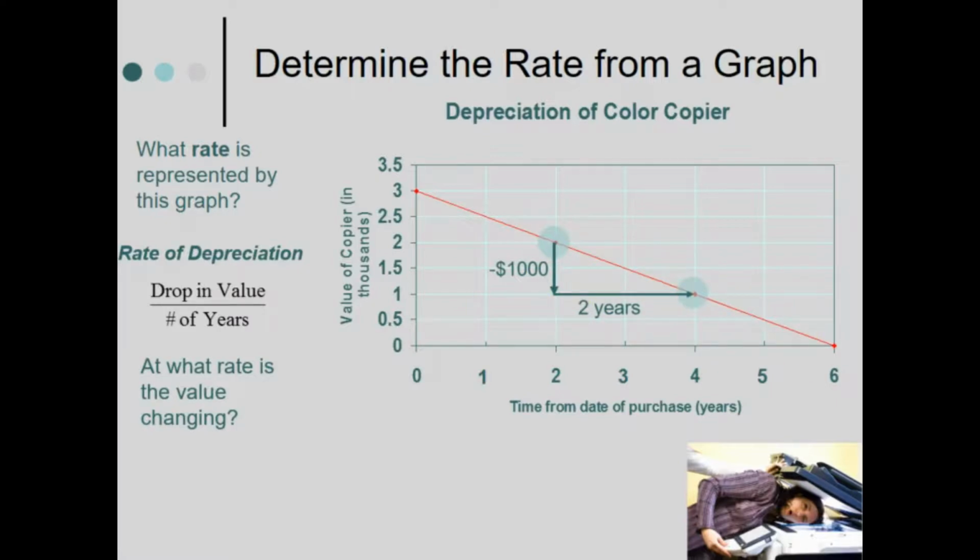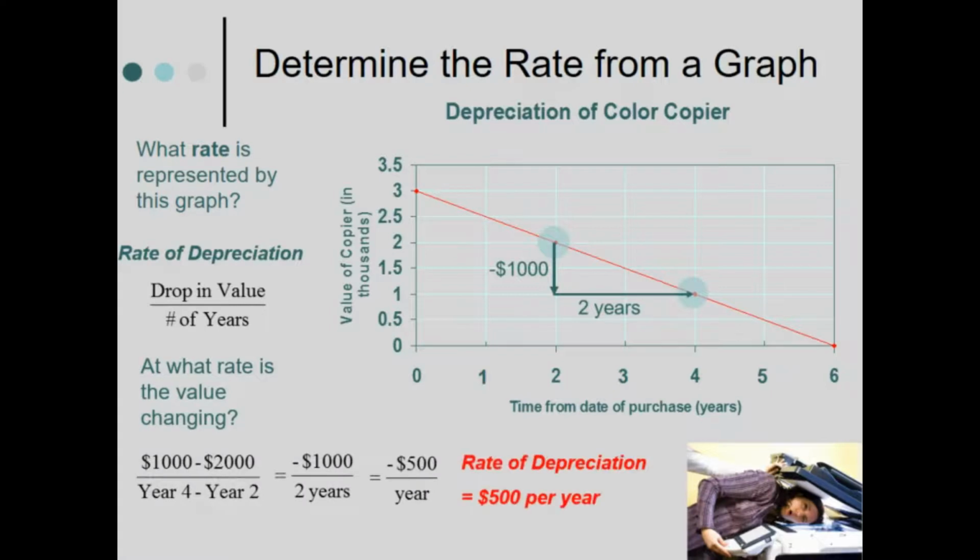If we take that drop in value, which is 1,000 minus the 2,000, a negative, there's our drop, over the course of same order, 4 years to 2 years is 2 years, results in a simplification of a drop or depreciation of $500 per year on average.